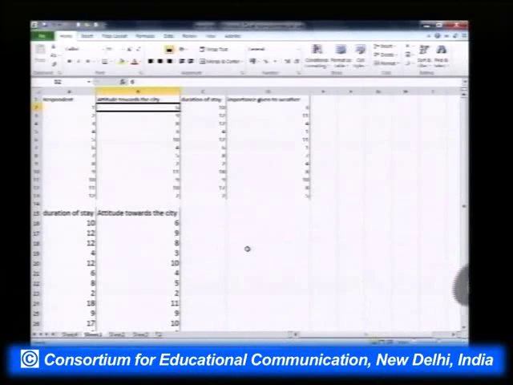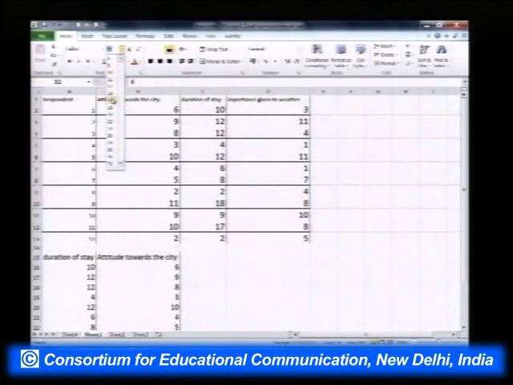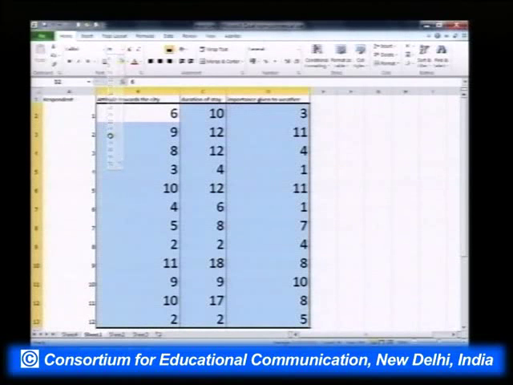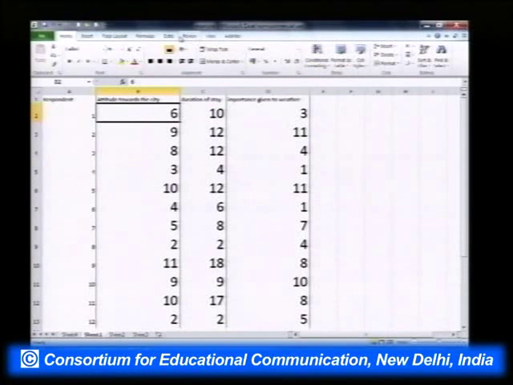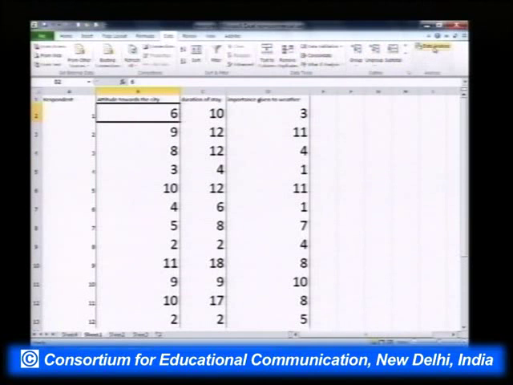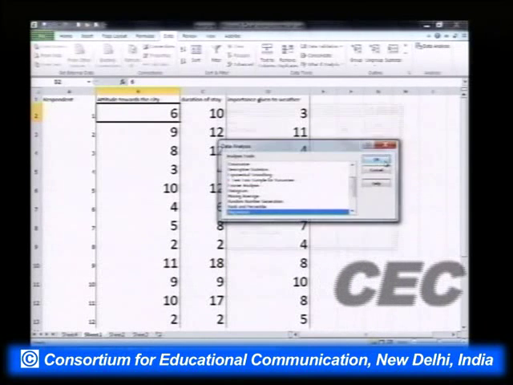Now we will go to the same example and do what is called regression. First we will do bivariate regression using attitude towards the city and duration of stay. So now we will go to data, then data analysis, then instead of correlation we will choose regression and say OK.